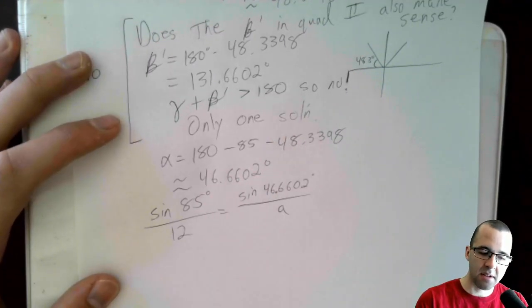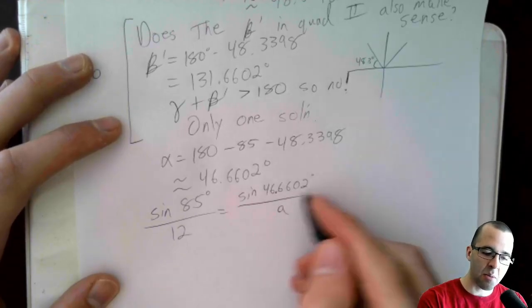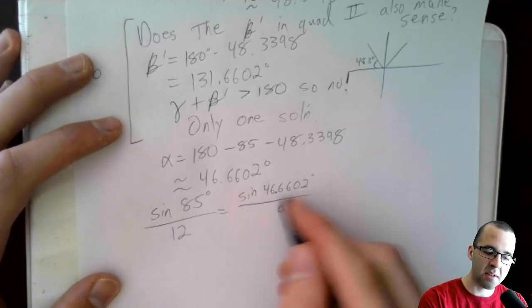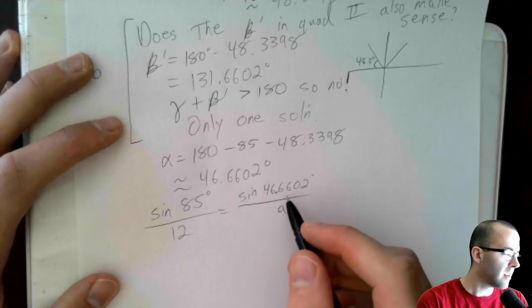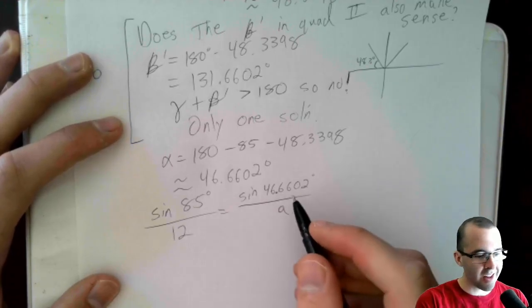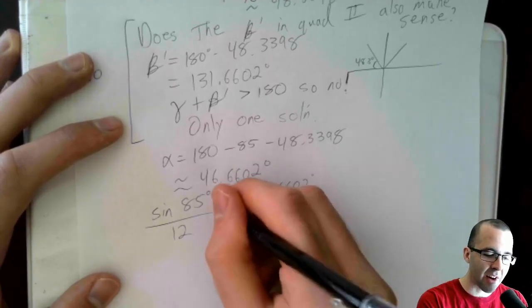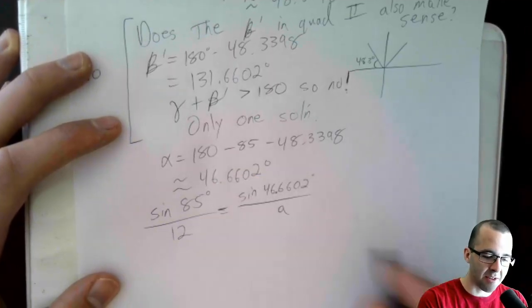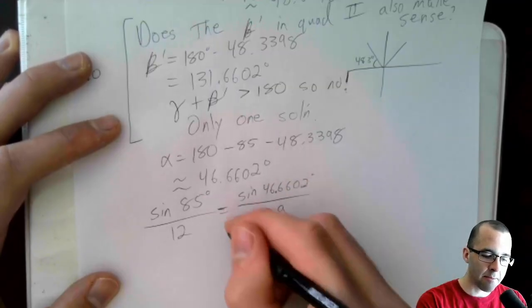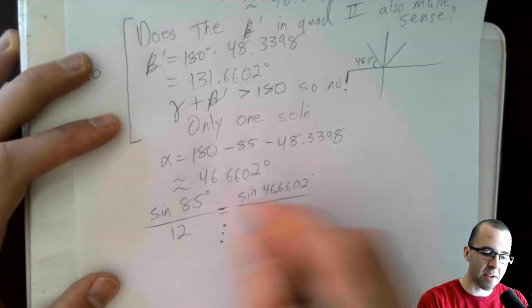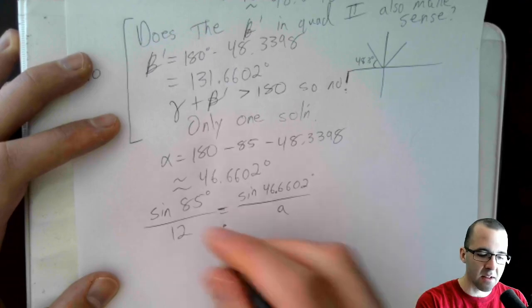And now we solve this. Again, it's good practice to use as many decimal points as you can. I'll be using 4 decimal points for everything, but if I were not teaching, I'd be using more because I don't like rounding errors, but I'm not going to ask you to do more than 4. We can cross multiply. I trust you guys know how to solve this, but if you don't, feel free to ask.